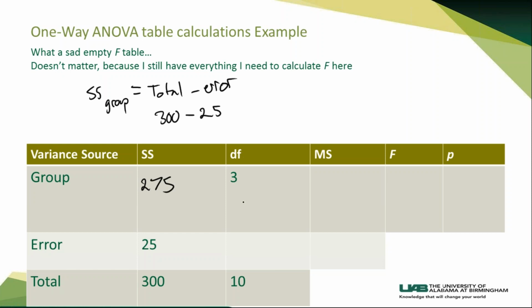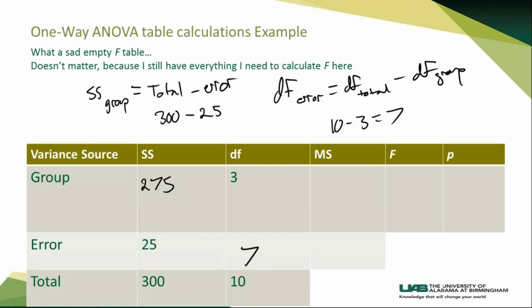Okay, the same thing for the degrees of freedom. So now all I need is sums of squares and the degrees of freedom, and everything else I can start filling in. To get mean square here, again, it's just the sums of squares divided by the degrees of freedom for this row.